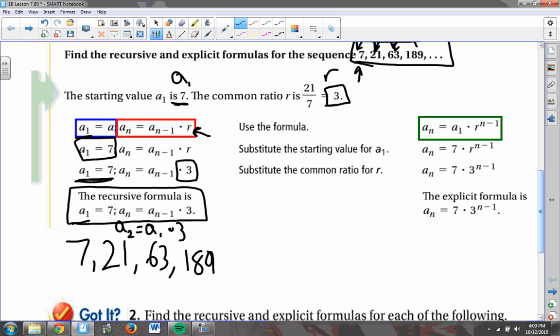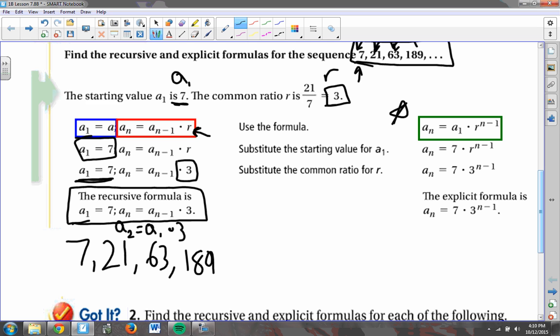Okay? So here in green is my definition, or my formula for explicit formulas. A sub n is equal to A sub 1, which is my starting value, times R to the power n minus 1. Now again, the only two things we need to put in here are our A1 value and our R value.